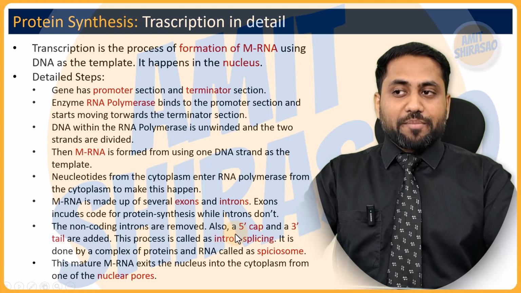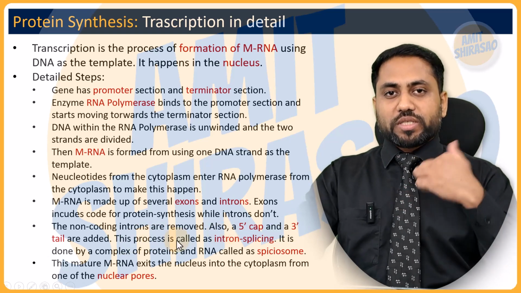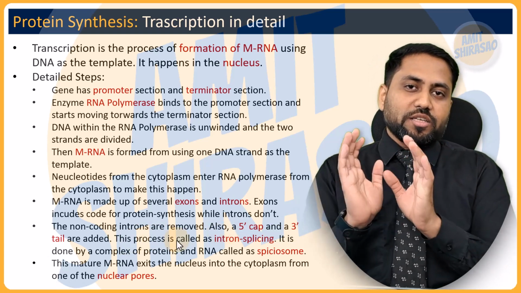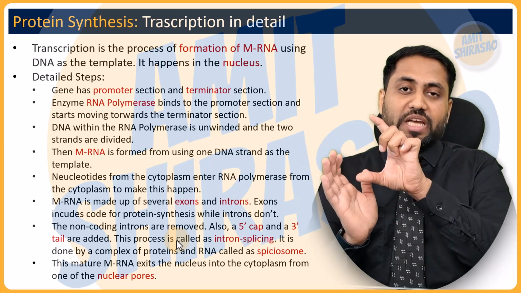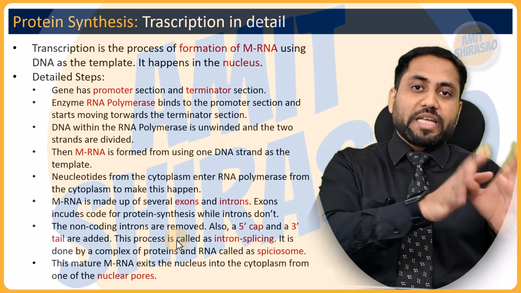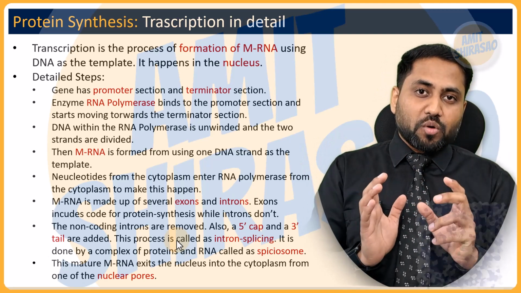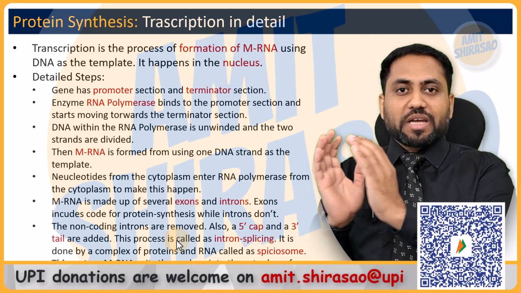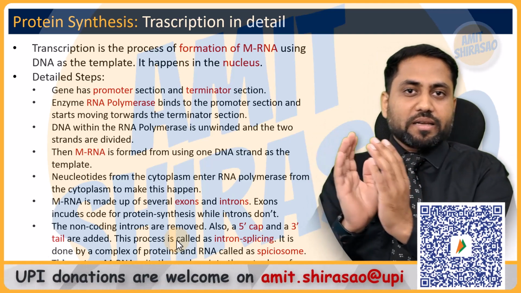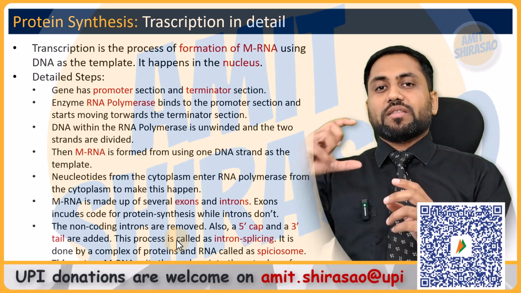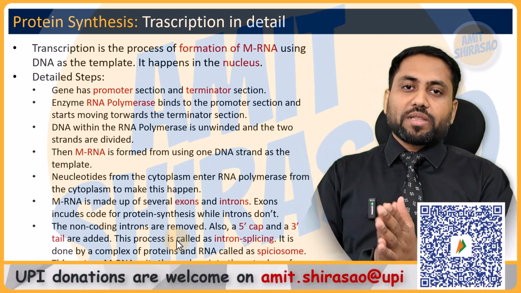Okay, so this cap and tail are only to tell the ribosome that, see, you move from the 5 prime cap to the 3 prime tail. Got the idea? That's why from 5 prime to 3 prime, the ribosome has to move in that direction. That's why this cap and tail are attached on the mRNA.